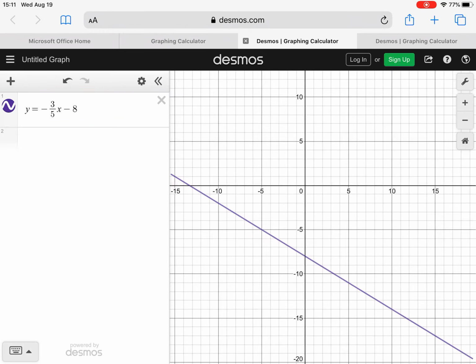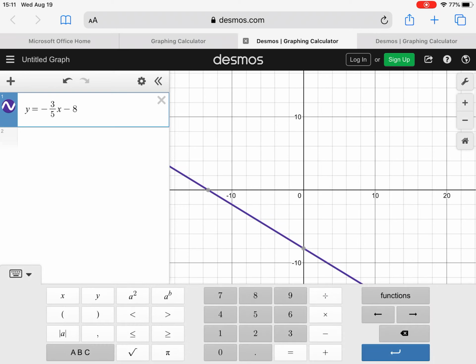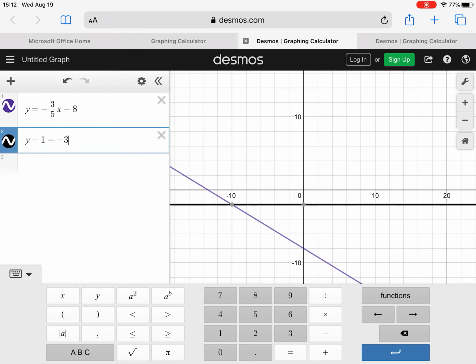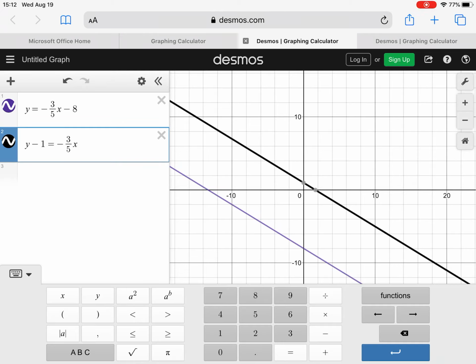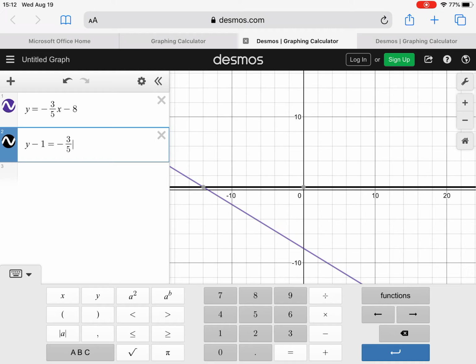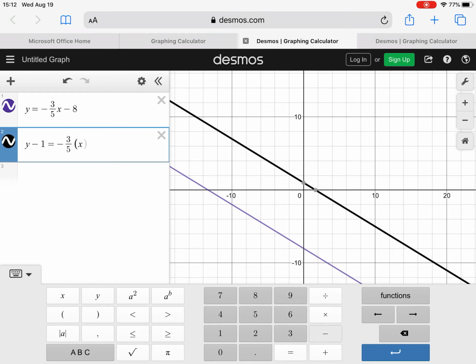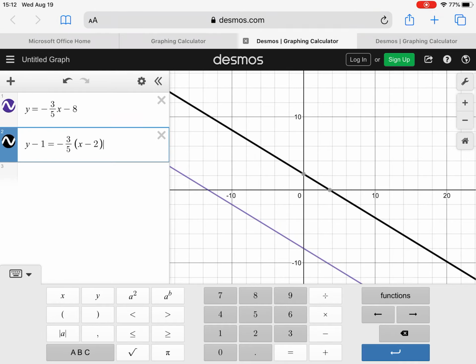Now it looks like it's off screen, so I'm going to zoom out just a little bit. And then I'm going to do y minus 1 equals negative 3 divided by 5, x, let's see here, x minus 2.